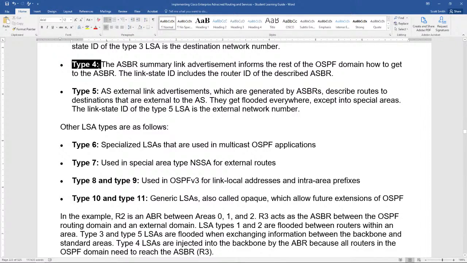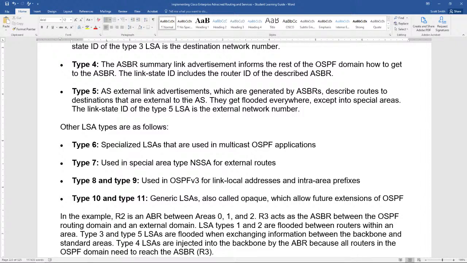Type 4 LSAs are kind of interesting. These are ASBR summary LSAs, Autonomous System Boundary Router summary link state advertisements. The purpose of a Type 4 LSA is to describe to the rest of the OSPF domain the existence of an ASBR.